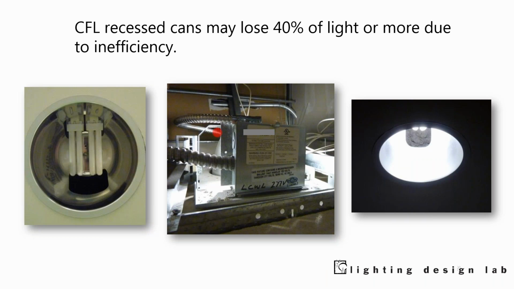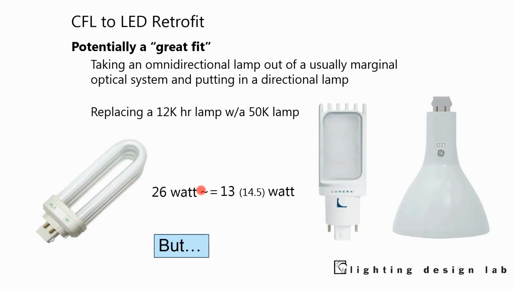That's all wasted light going up into the plenum. And that's why we can take out, say, a 26 watt compact fluorescent and put in a 13 watt, or in this case 14.5 watt LED directional, and get the same amount of lumens because we're shining it out. We're going from omnidirectional to directional.